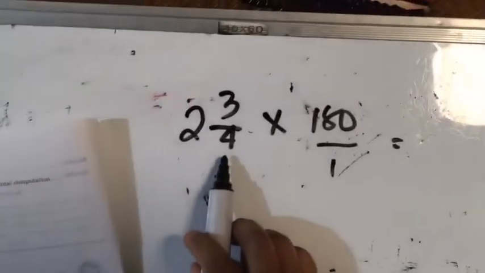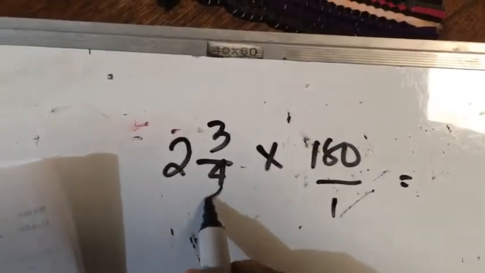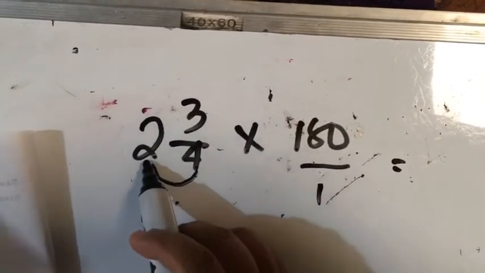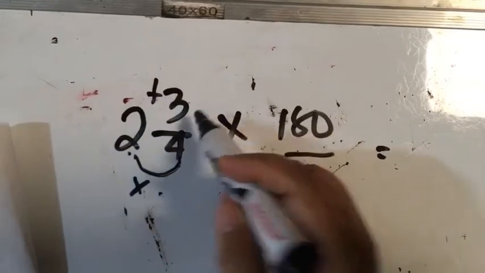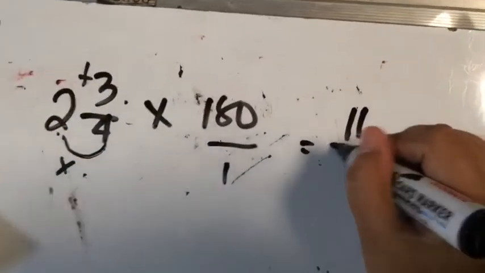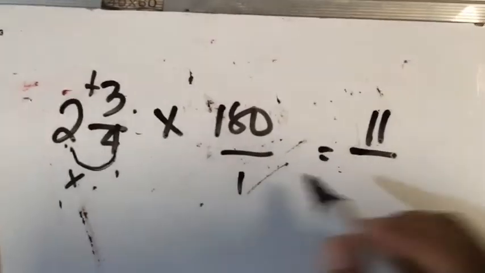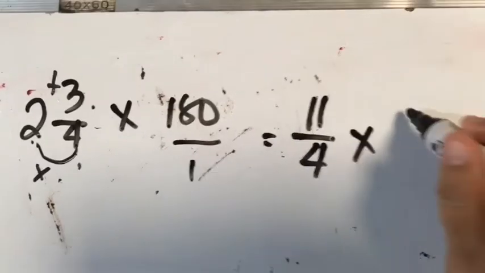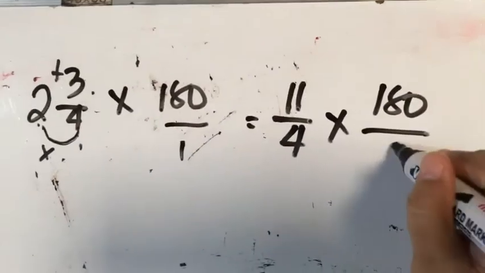You have to change this into an improper fraction. So 4 times 2 is 8, plus the numerator 3. So it is 11 over, copy the denominator 4. And then you multiply it, copy this one, 180 over 1.